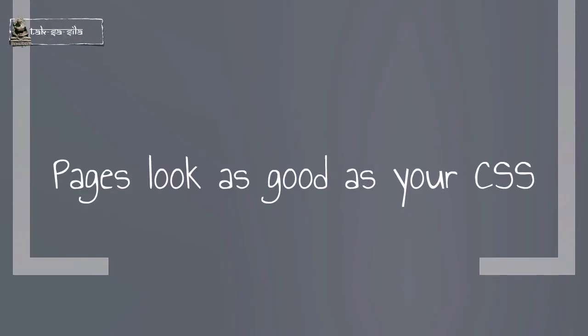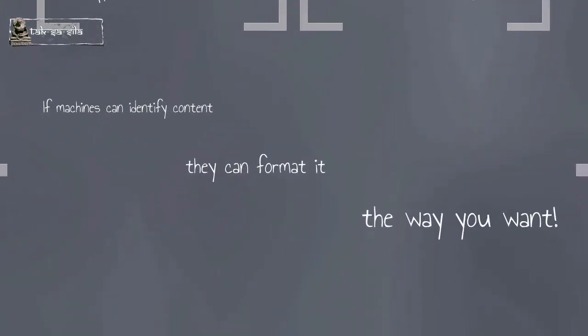What your browser displays is as good as the style sheet you had defined. There is no reason why the same principle cannot be applied to other documents. As long as a machine can identify the content in your document, it will be able to format it exactly the way you want it. To conclude, if machines take over the task of formatting your documents, you will not have formatting errors.